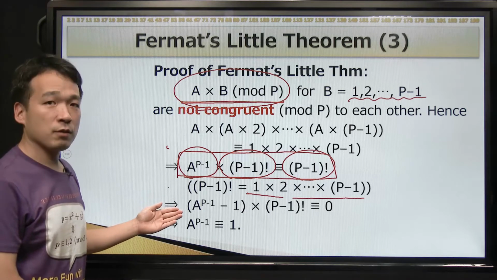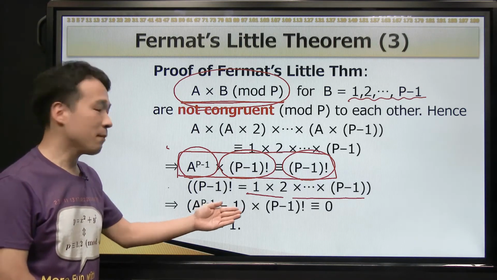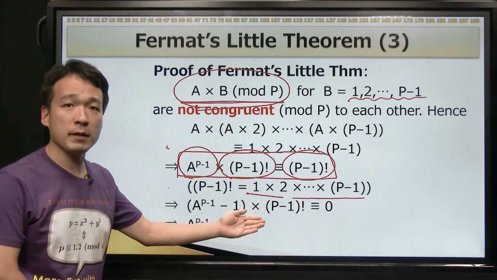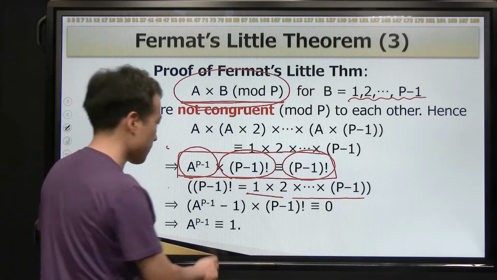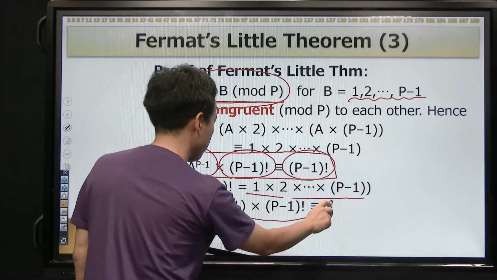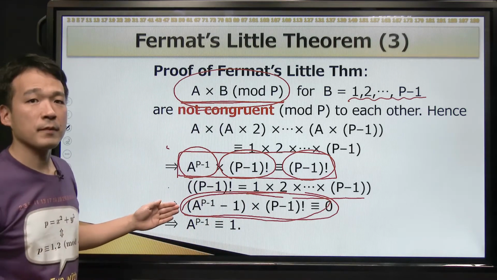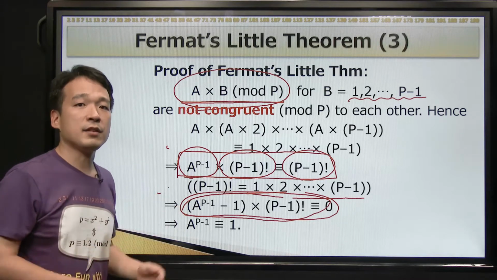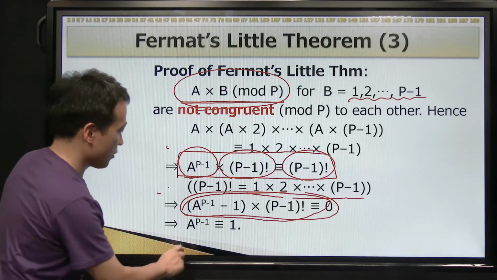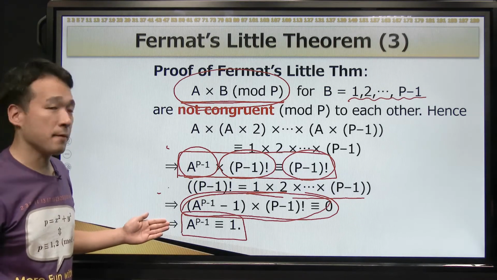So a to the p minus 1 minus 1 times the factorial of p minus 1 is congruent to 0 modulo p. Since p is a prime number, this means a to the p minus 1 is congruent to 1 modulo p.